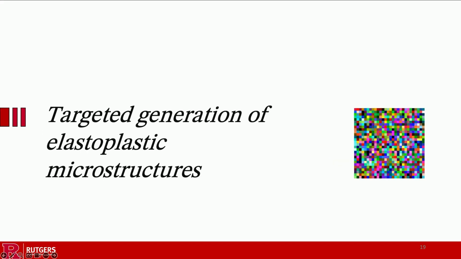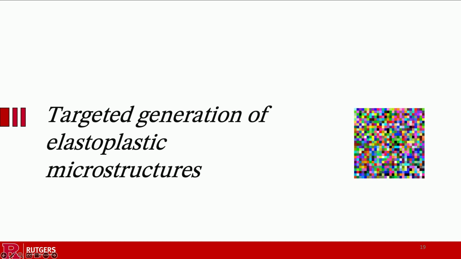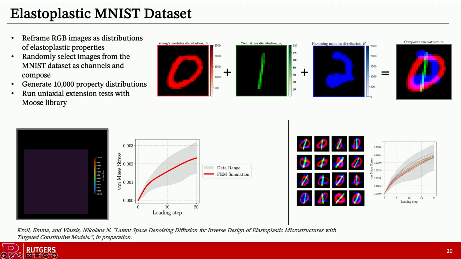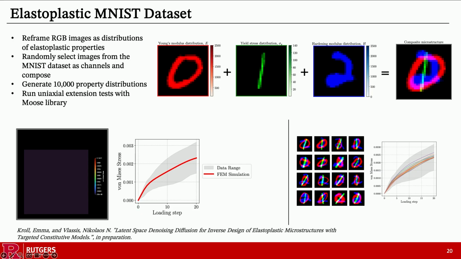So the sequel to this work was trying to design elastoplastic microstructures. Again, we come up with a synthetic data set where we reframe RGB images into 3 distributions of elastoplastic properties: a Young's modulus, a yield stress, and a hardening modulus. We randomly sample them from the MNIST data set.